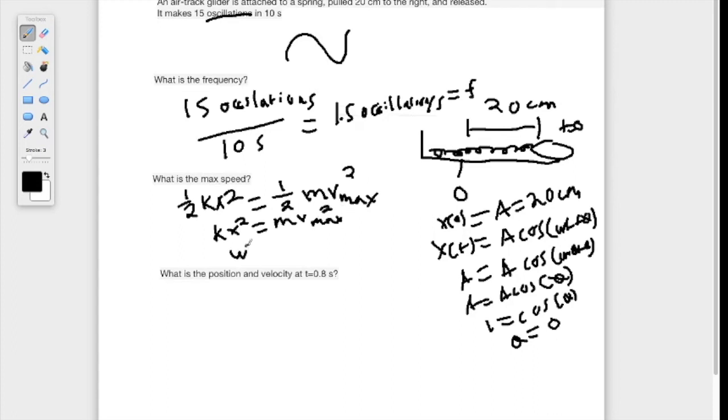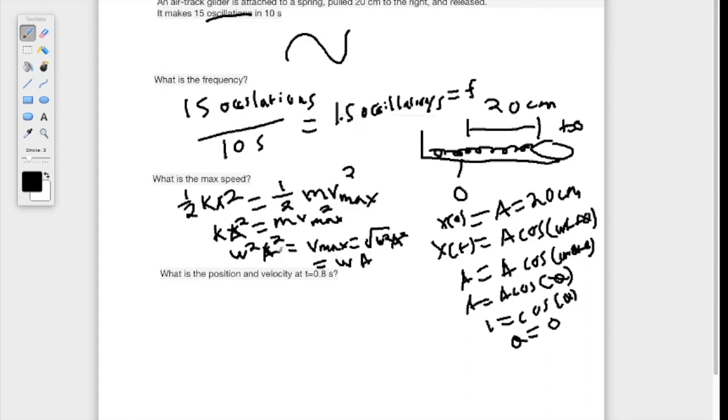So omega squared x squared equals v max squared, so v max is equal to the square root of omega squared A squared, which is equal to omega times A.